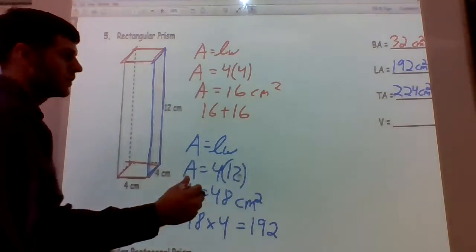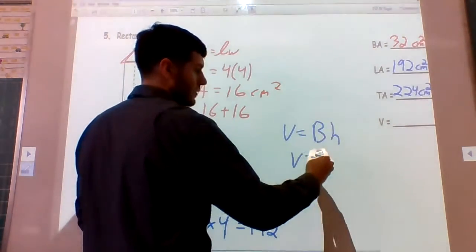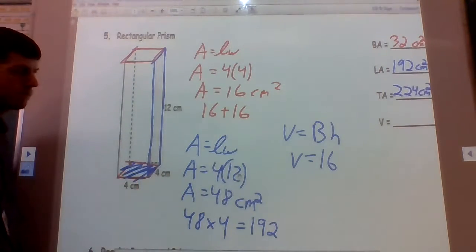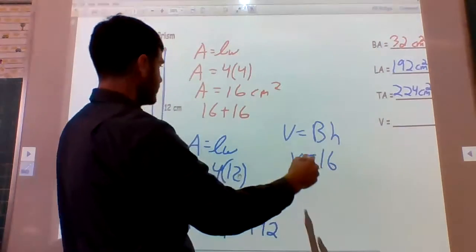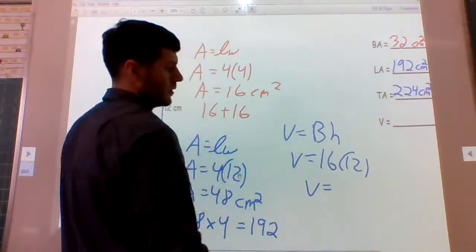And the last step here is volume. So again, volume of a prism is the base area times the height. The area of the base here was 16 times the height, which was 12. 16 times 12.